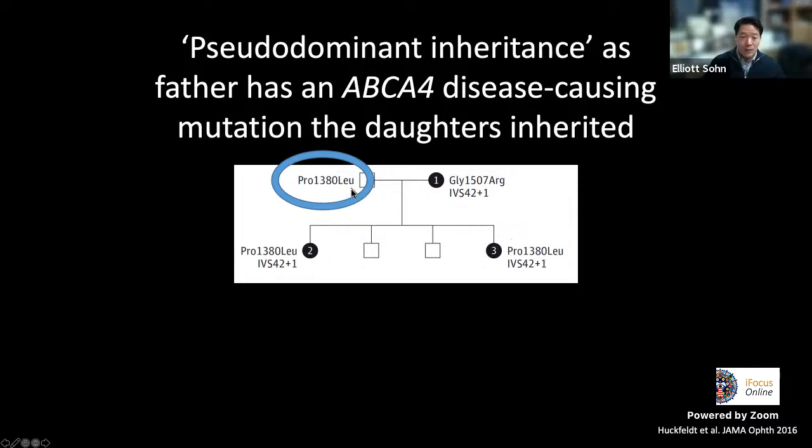So the dad doesn't have disease because he only has one mutation. You have to have two pathogenic mutations in ABCA4 to have the disease. Does that make sense? Does anyone have any questions about that? So usually with recessive disorders, you're only going to see patients in one generation.